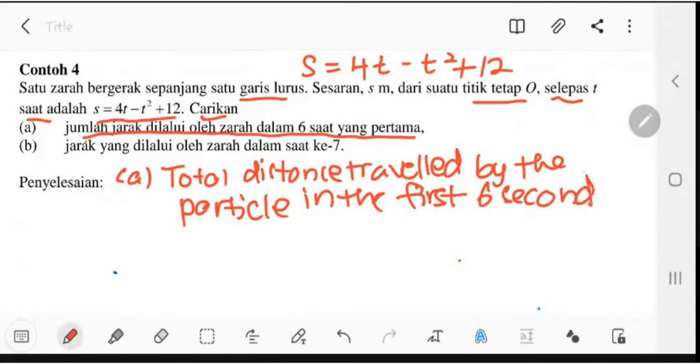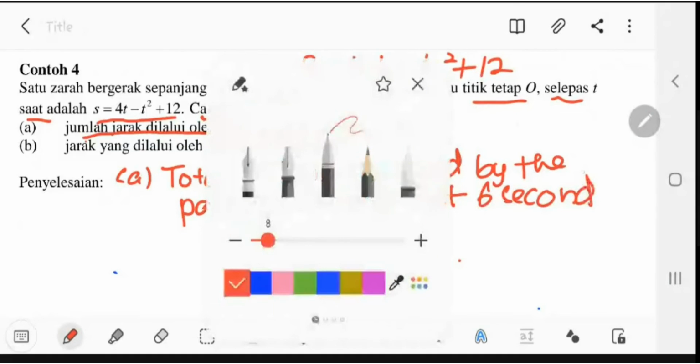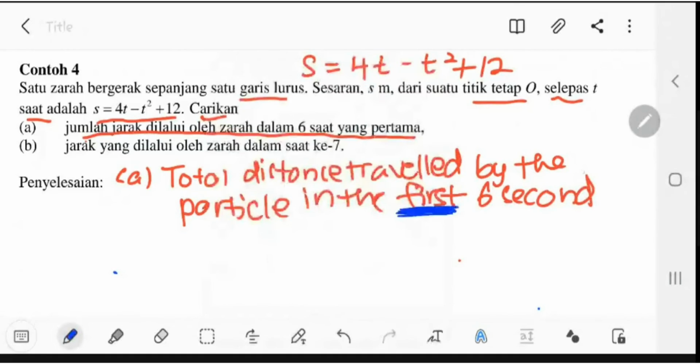Bila dia kata in the first 6 second, maknanya you kena cari daripada T0 sampai T6. Kena dapatkan total distance tu berapa.